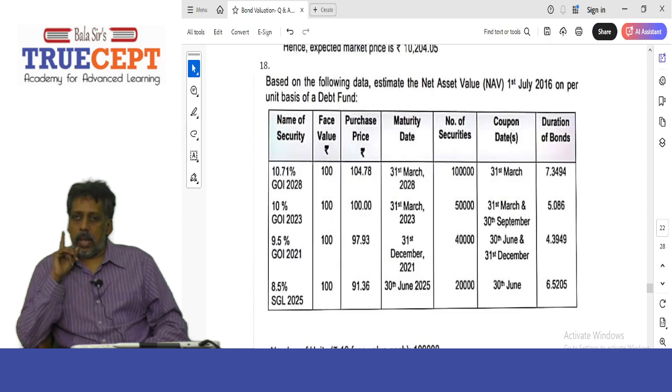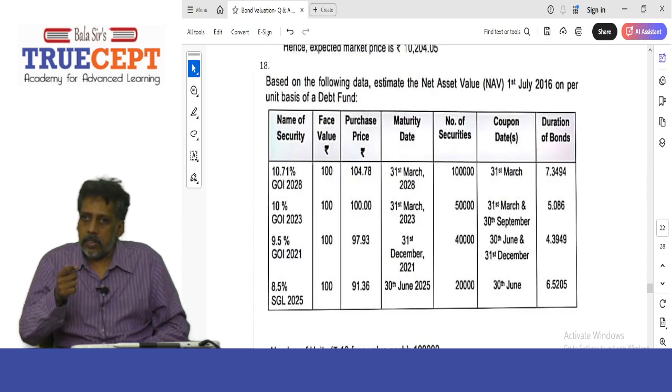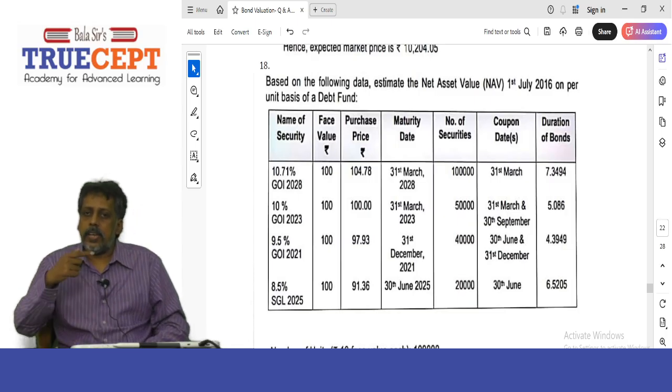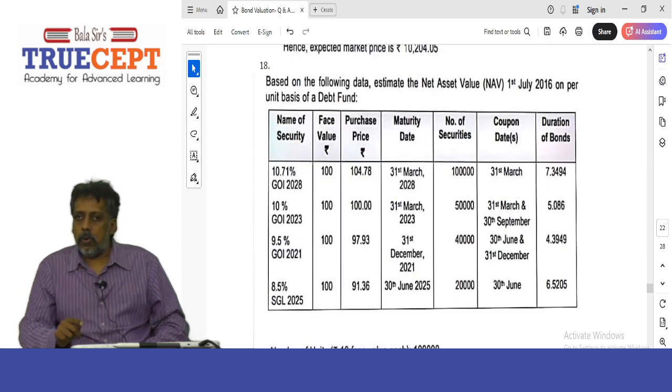It is given that the coupon dates are 30th June. Therefore, on 1st July 2016, when you're going to find the NAV, there will be no interest accrued on these debentures as on 1st July. Got it? Because the previous interest date is 30th June, a day before. Therefore, interest accrued will be 0.